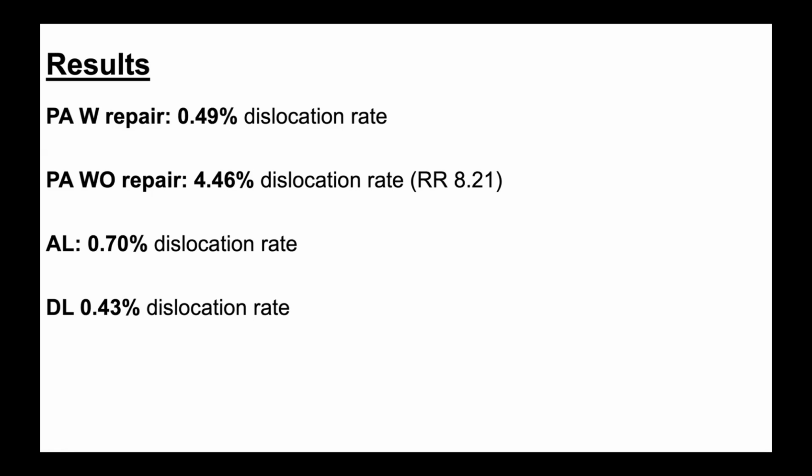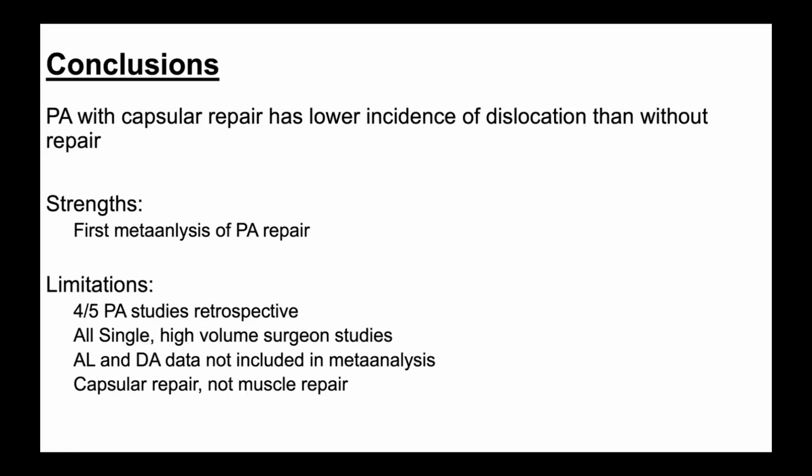And with the anterior and direct approaches, they have dislocation rates of 0.7% and 0.43% respectively. Regarding the conclusions of this paper, the analysis showed that the posterior approach with capsular repair has a lower incidence of dislocation compared to the approach without the repair.